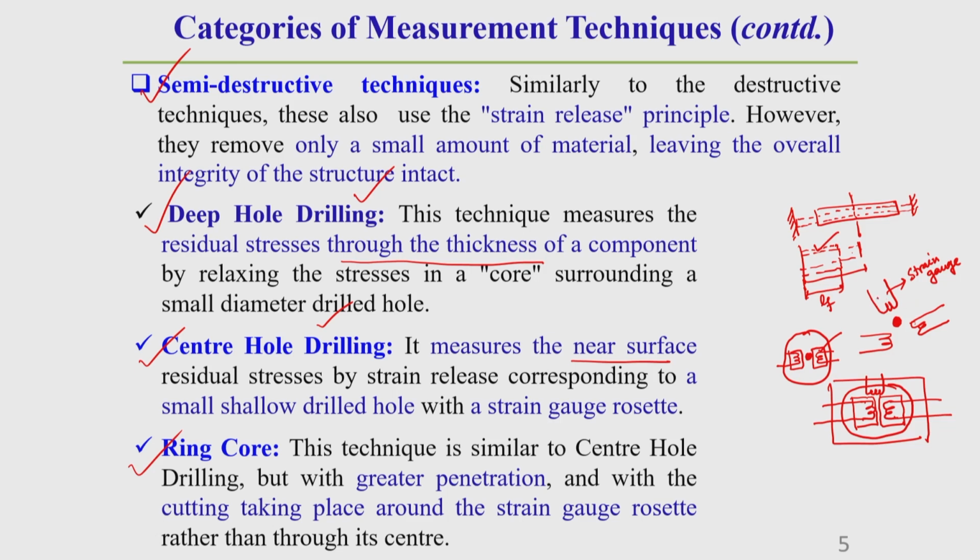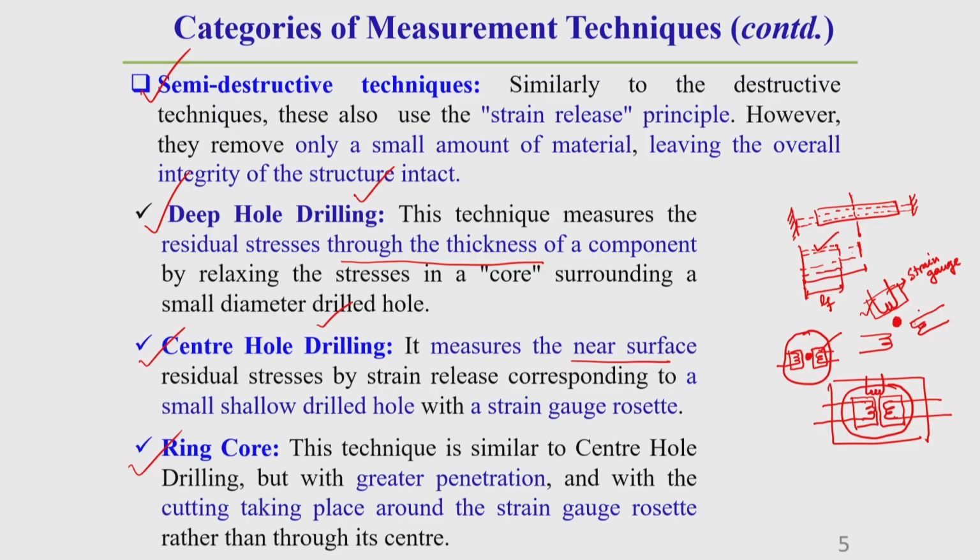Now, if this strain gauge is placed over the surface in such a way that once this releasing of strain occurs, the strain gauge is subjected to some expansion or contraction. This expansion and contraction correspond to a resistance change.